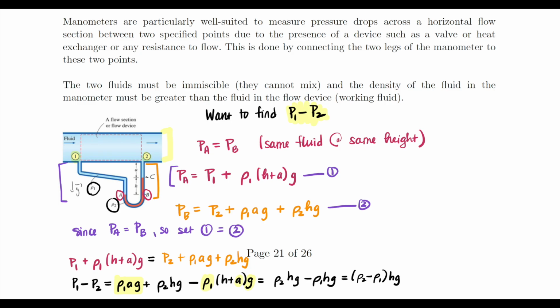So I've got minus rho 1 AG right here. So these cancel each other out. Then I end up with rho 2 HG minus rho 1 HG. I can factor out that HG and I just have rho 2 minus rho 1 times HG.